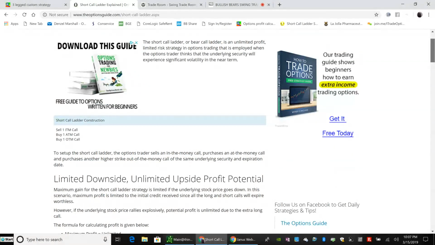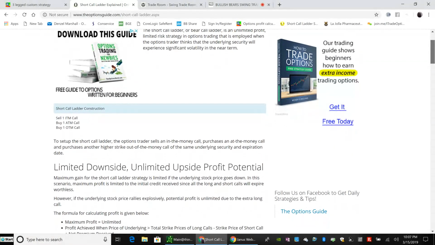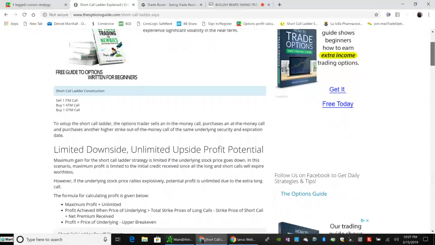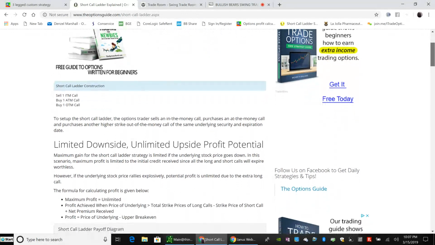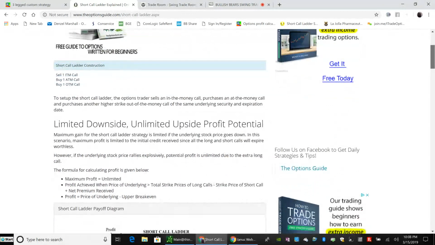And this short call ladder, like I said before, has limited downside with unlimited upside profit potential. So less risk, but you do not limit your upside potential like you would in a straight call spread. So maximum gain for the short call ladder strategy is limited if the underlying stock price goes down.